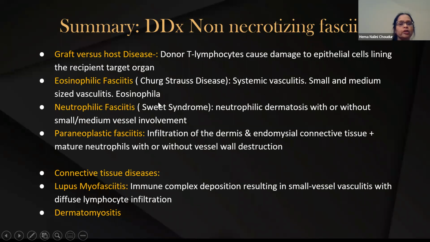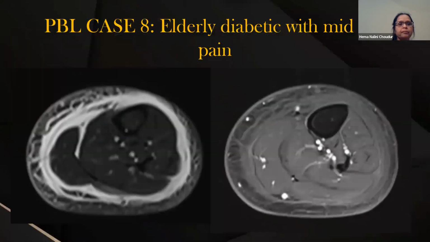We know that we're looking for eosinophilia, cough, and upper respiratory symptoms. Neutrophilic fasciitis, paraneoplastic fasciitis, where you're looking for malignancies. And you should have all these in mind before we look at the common ones that we call lupus dermatomyositis, which is bilateral symmetrical, and lupus myofasciitis. These are the connective tissue diseases that we all are aware of.